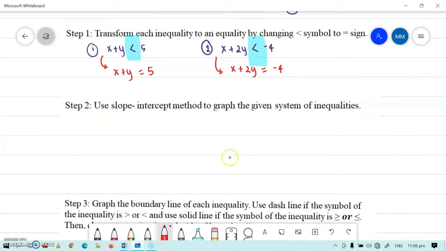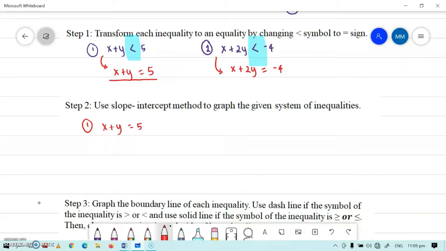So for step 2, we use the slope-intercept method to graph the given system of inequalities. We will use our transformed inequality to equality. For inequality 1, we will use x plus y is equal to 5.